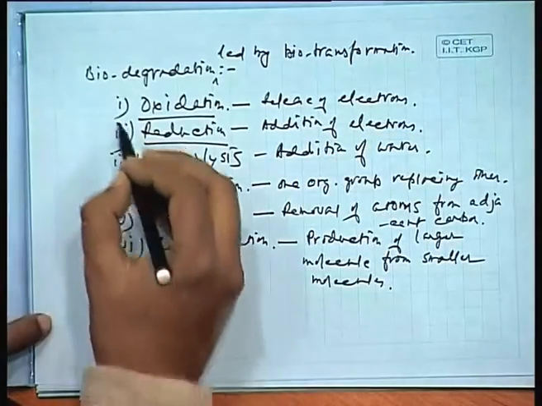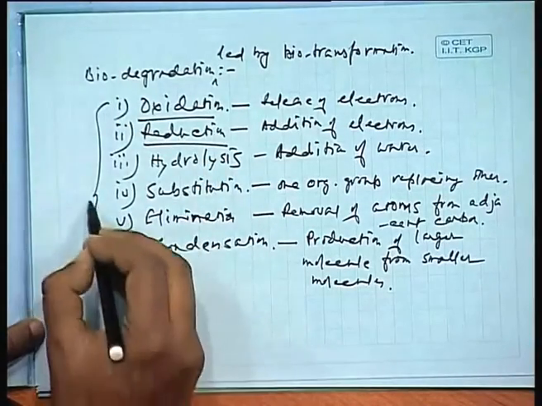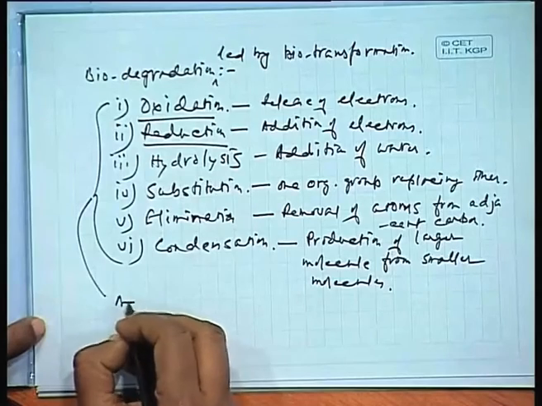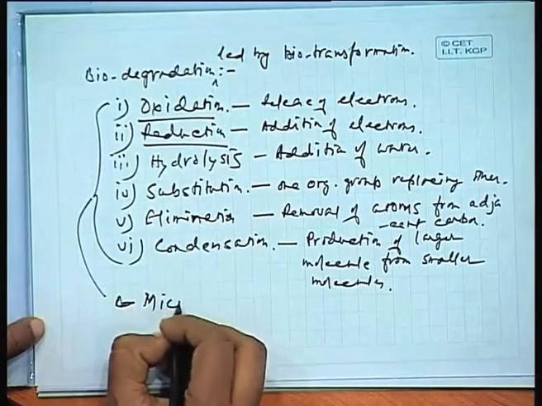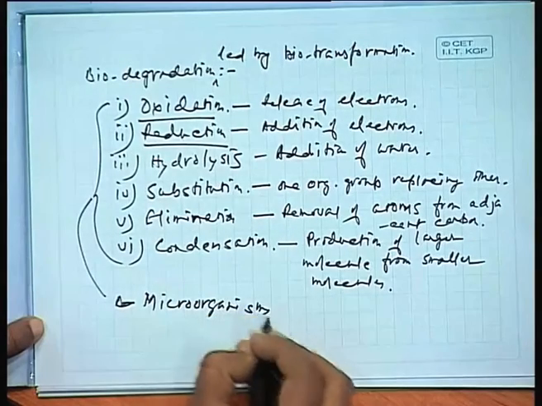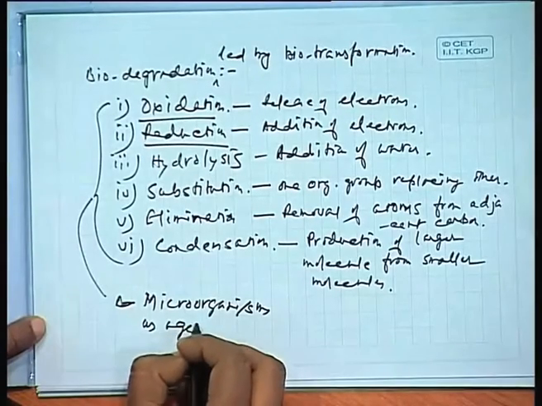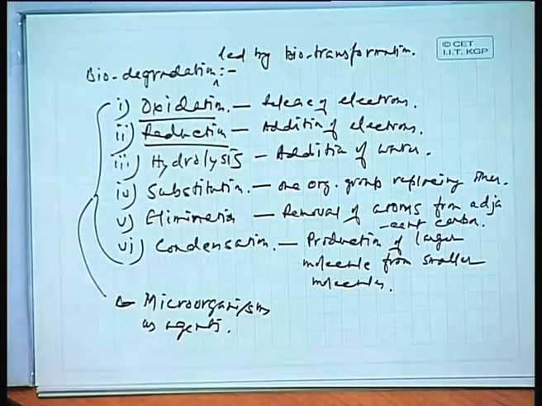In all these cases, a number of microorganisms can be an agent, microorganisms as agents. So, microorganisms not only do decomposition of wastes, they can decompose, and they can also transform.